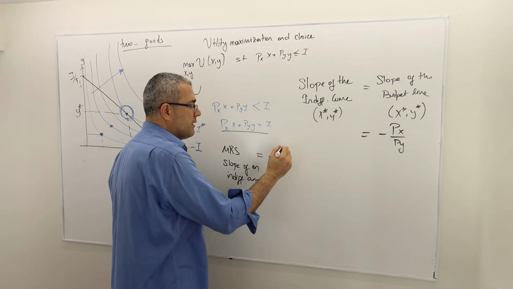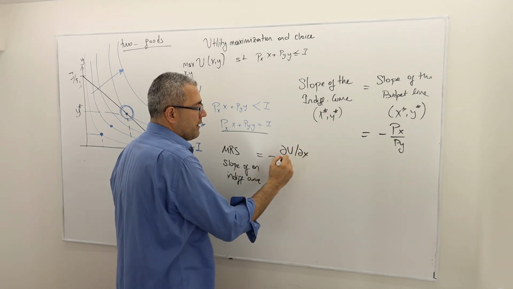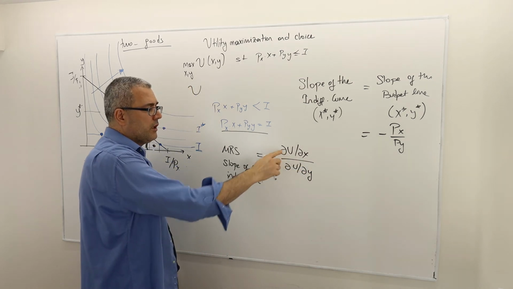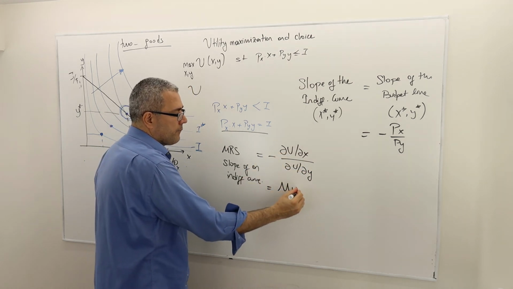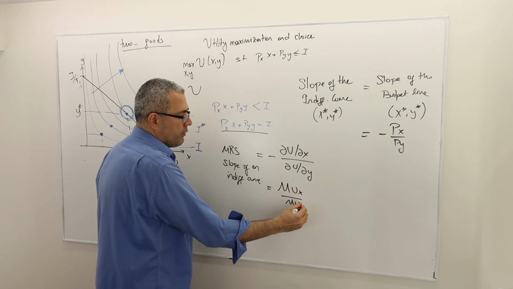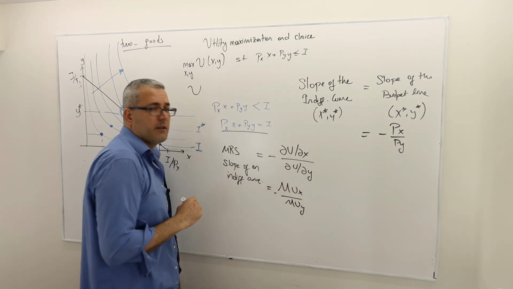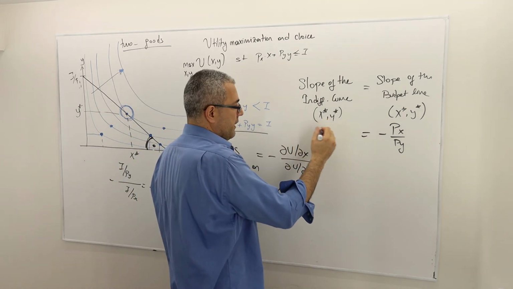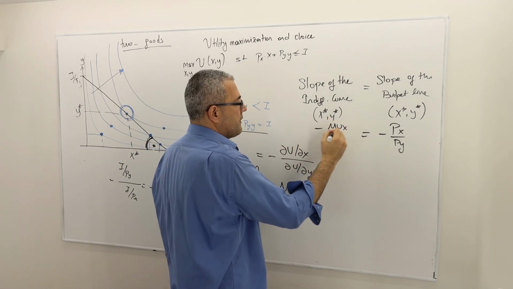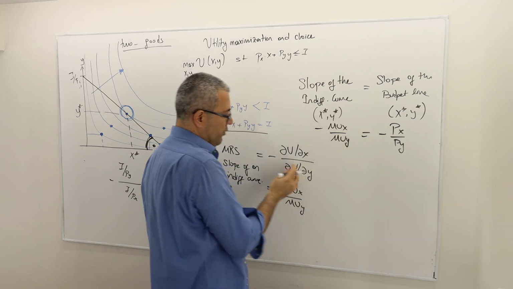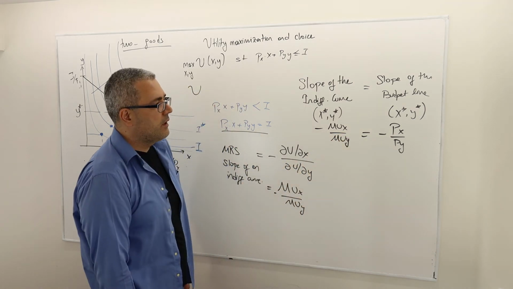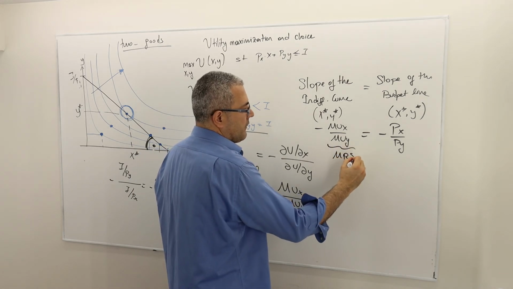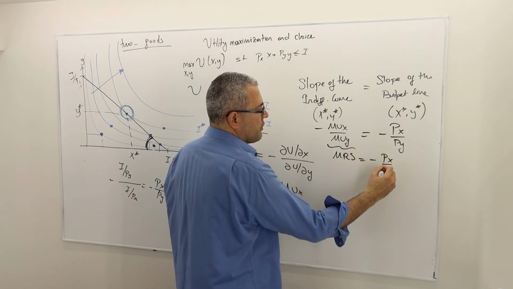It was minus del u over del x divided by del u over del y, meaning the marginal utility with respect to good x divided by the marginal utility with respect to good y. Don't forget the minus sign. So the slope of the indifference curve is minus MUx divided by MUy, which is equal to this. So you know what? What I have is the following. This is MRS equals minus price ratio.